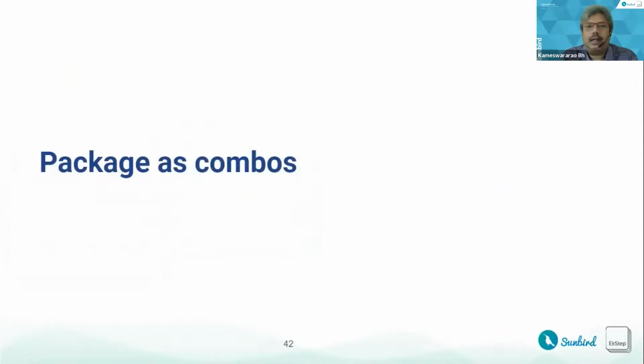Now, moving on to the other one, which is also interesting: how do you package certain assets? For example, in a menu, you might have seen items like North Indian thali, paratha combo, or South Indian thali, and so on, right?